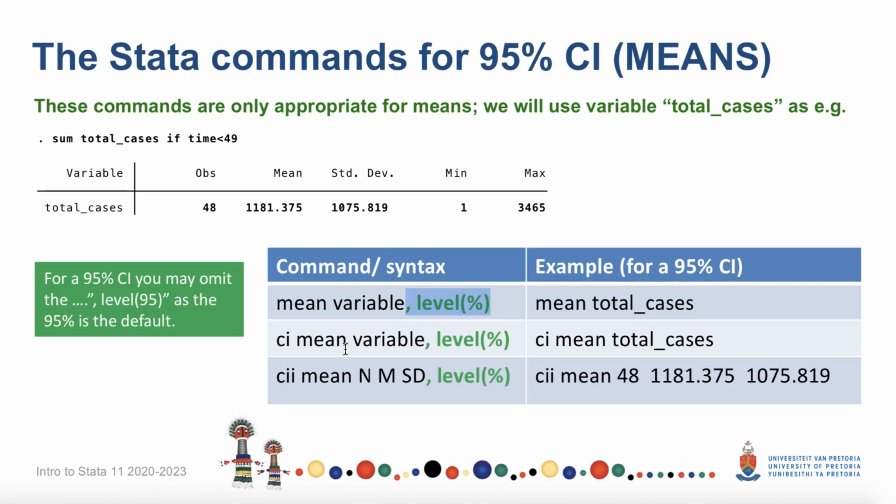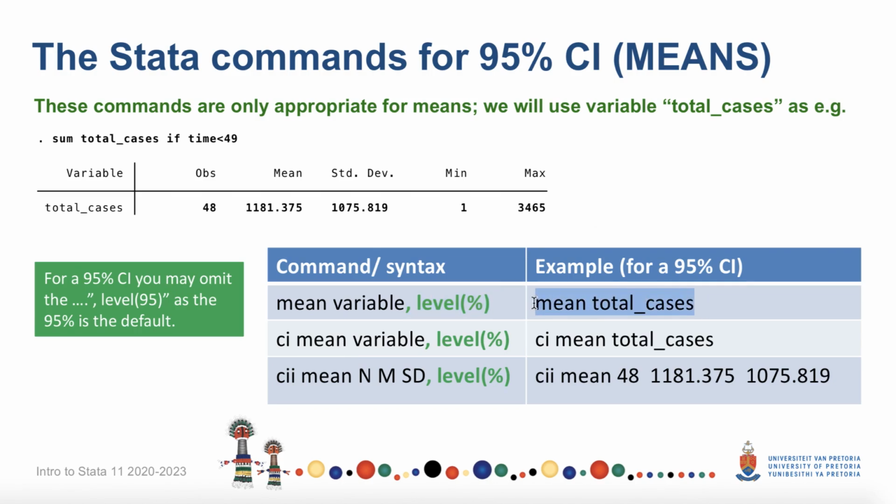If you leave the green bit out, Stata will do the default, which is the 95% confidence interval. Since I can't imagine that you will ever want anything other than the 95% confidence interval, you can quite safely just forget about the green bits. It's optional in those rare cases where you want a different kind of confidence interval.